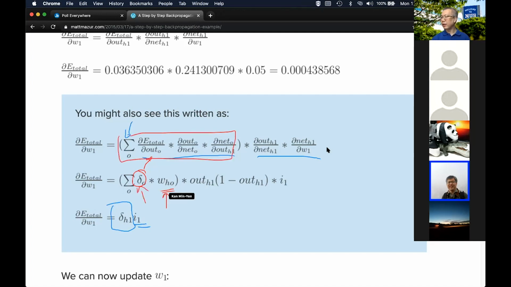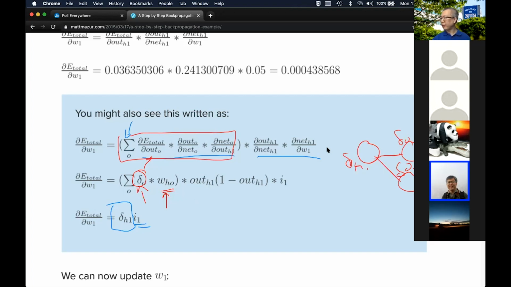And then because I have this delta for each of the different nodes coming in, let me call this delta for out 1, delta for out 2, and then I'm computing this guy here, delta for H1.